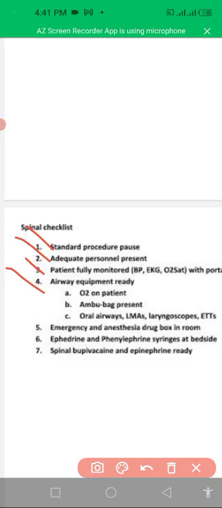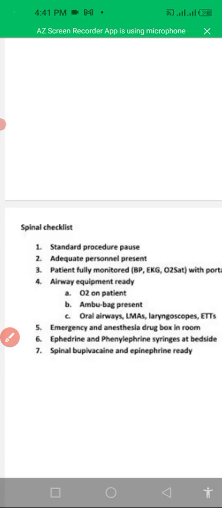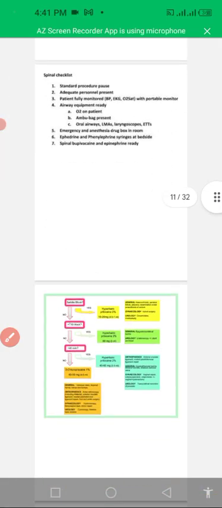Then airway equipment should be ready: oxygen, ambu bag, oral airways, laryngoscope, and ETT tube. Then the emergency and anesthesia drug box should be present in the room. Ephedrine and phenylephrine syringes should be present. Spinal anesthetic agents like bupivacaine and epinephrine should be present at the time.